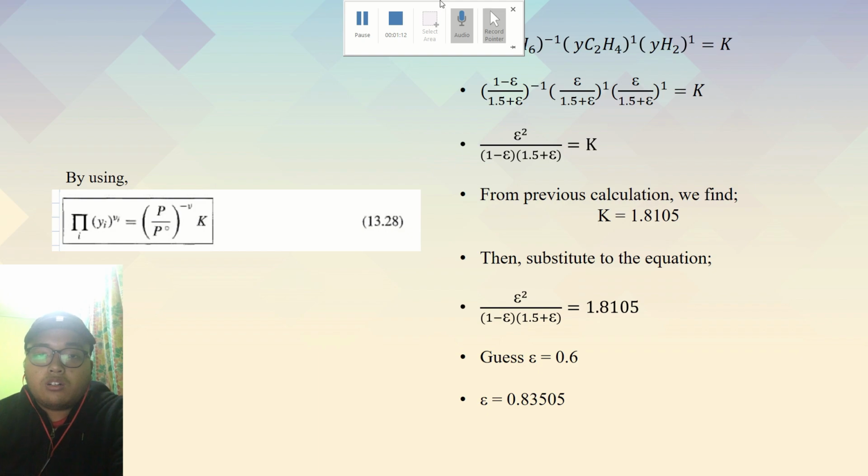Okay, so we move to the next slide. For the next part, to find the reaction coordinate, we must use equation 13.28.